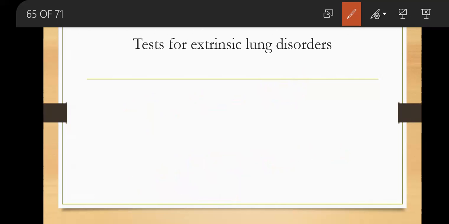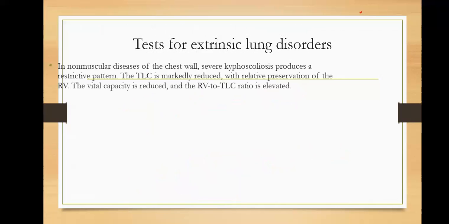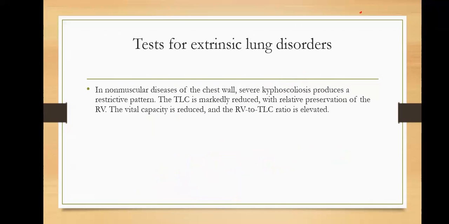Chest wall components like respiratory muscles may become weak and may also contribute to the restrictive process. So maximal inspiratory and expiratory pressures are decreased.